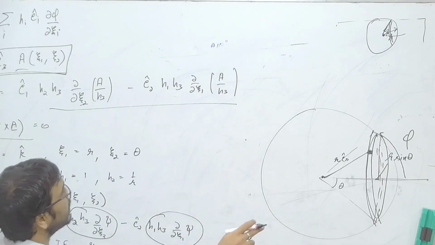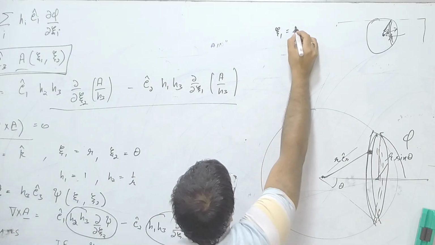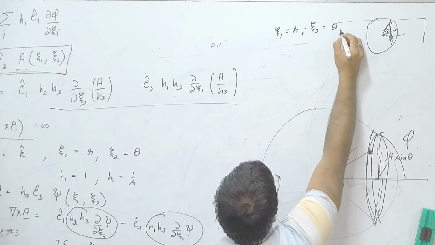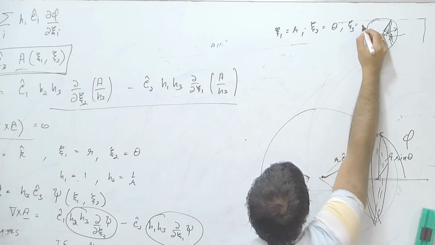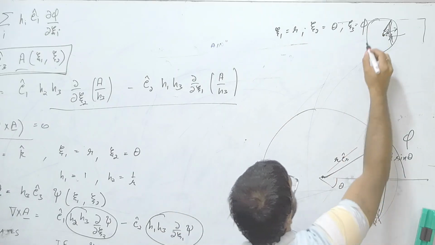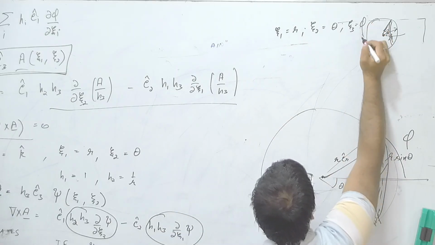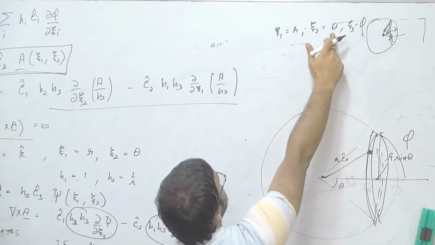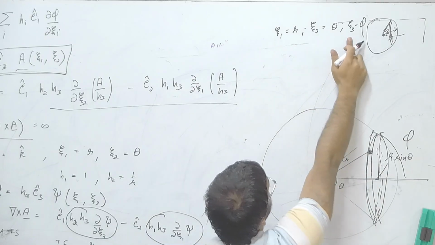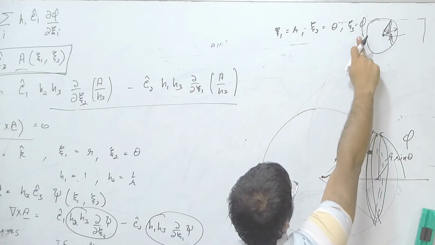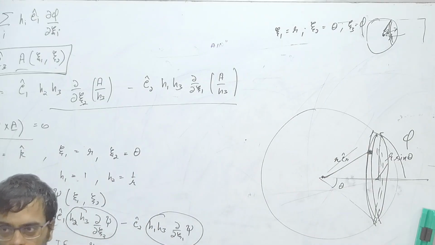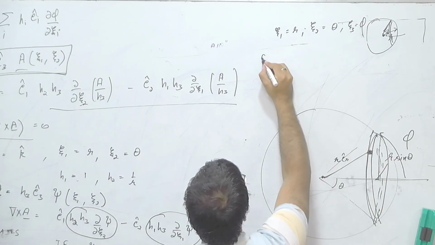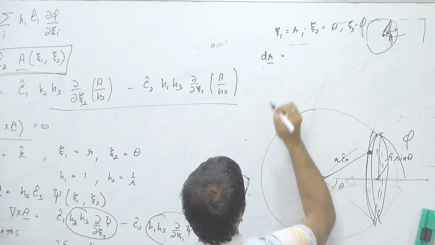Okay. So in spherical coordinates, your c1 is r, your c2 is theta, and your c3 is phi. This r goes from 0 to infinity, this theta goes from 0 to pi, and this c3, phi, goes from 0 to 2 pi. That is what your spherical coordinates are. And in this case, you can think of what your incremental position vector will be.